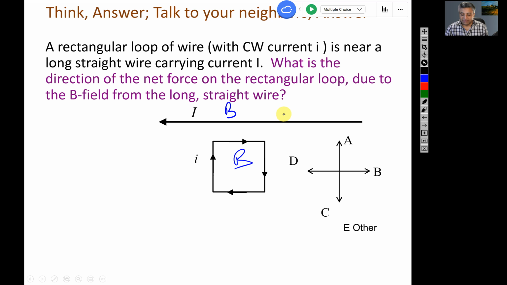So 4 wires, different direction current flowing. You want to look at the forces in each side and which side there is a stronger force or something like that. Think in terms of that, okay? And I'm giving you 2 minutes for this.